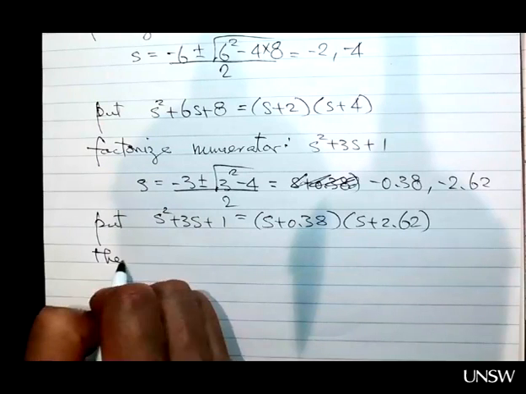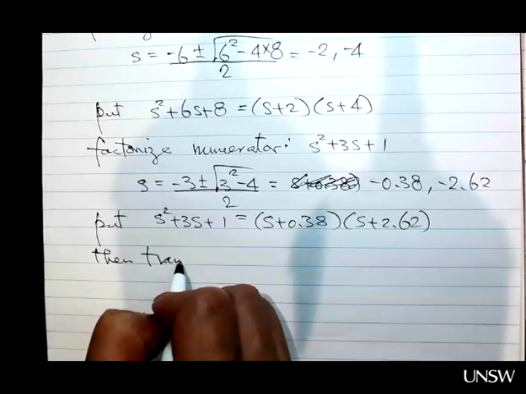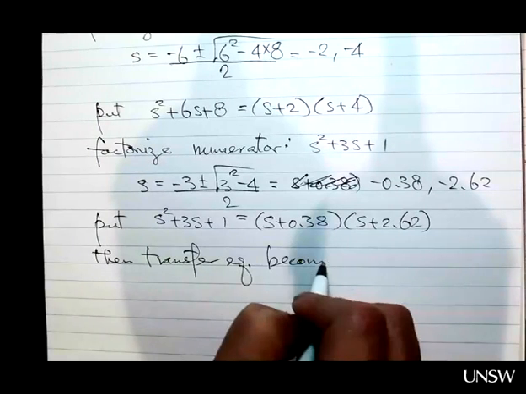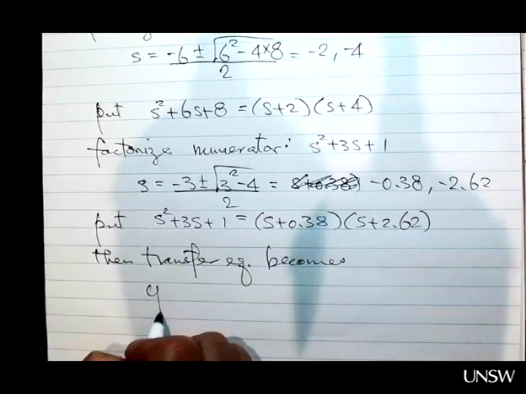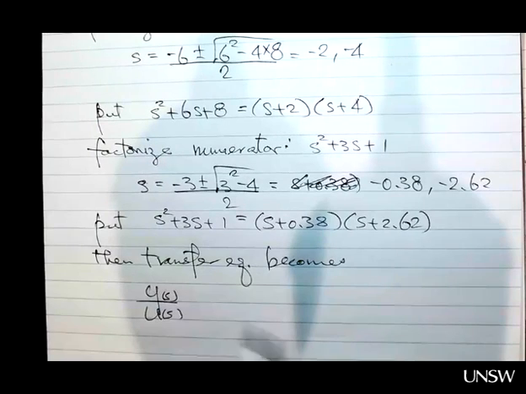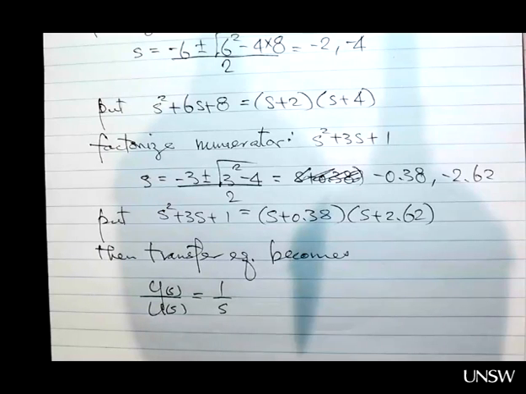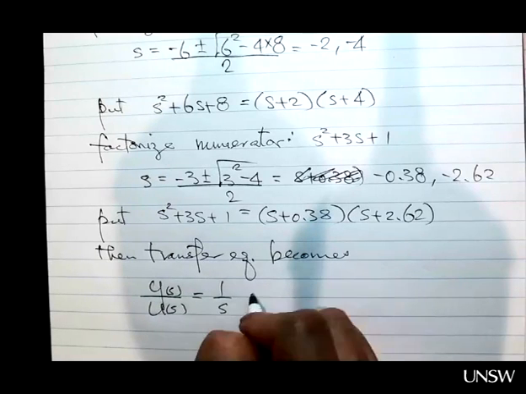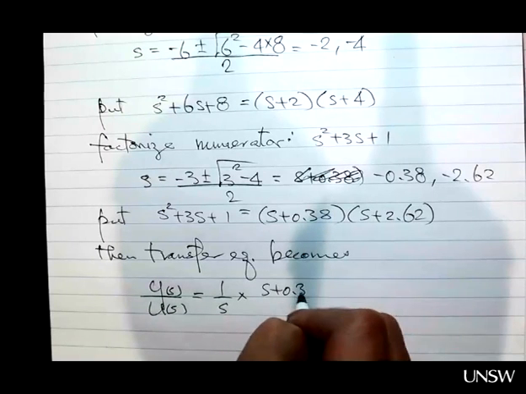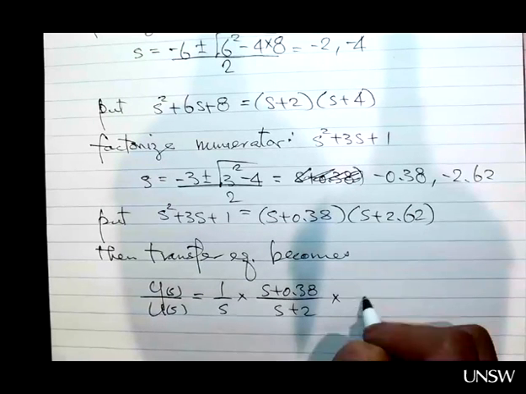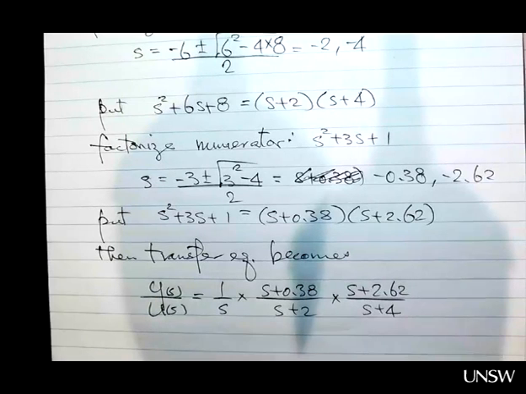Then the transfer equation becomes, in multiplicative terms, s plus 2, so we have this form.